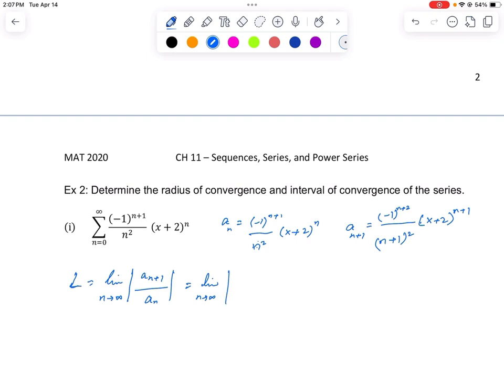So this will be equal to the limit as n goes to infinity of the absolute value. Now remember, when you have a fraction over a fraction, the first fraction you write as it is.